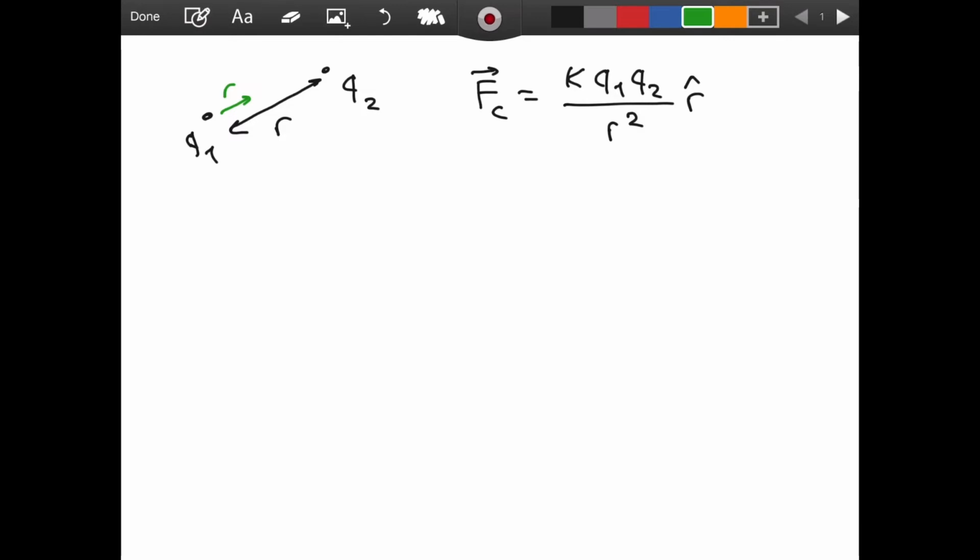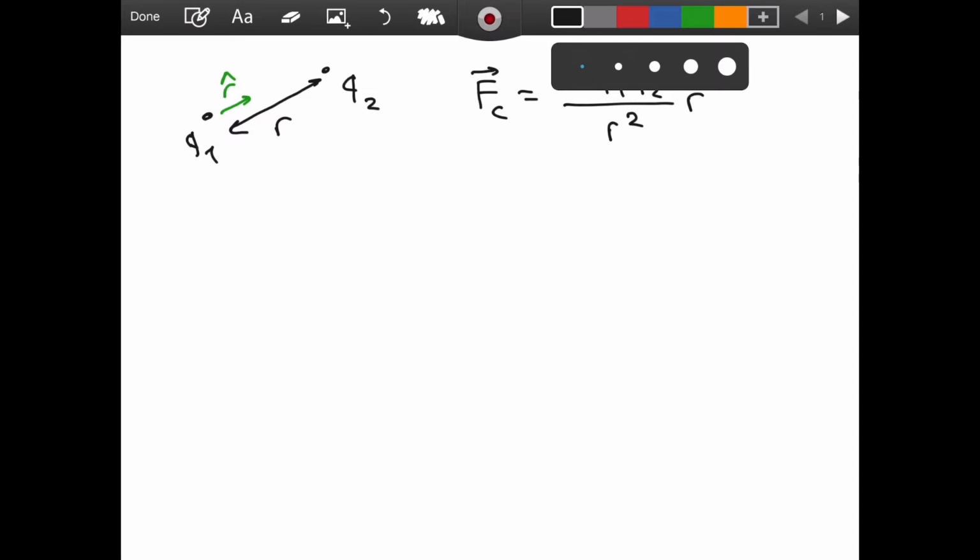If Q1 and Q2 are both positively charged or both negatively charged, if they have the same sign, then they're going to be repelling each other. So Q2 will have a force like this, and Q1 will have a force like this. And as you can see, for Q2, it is in the direction of r hat. This is r hat, okay?